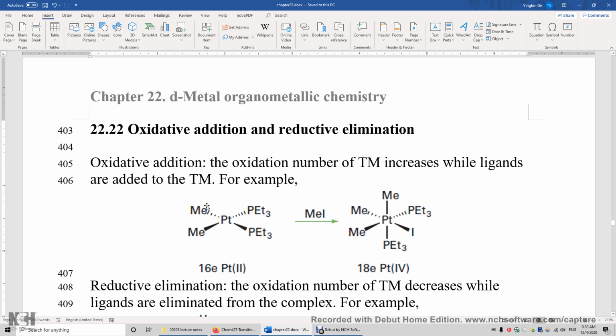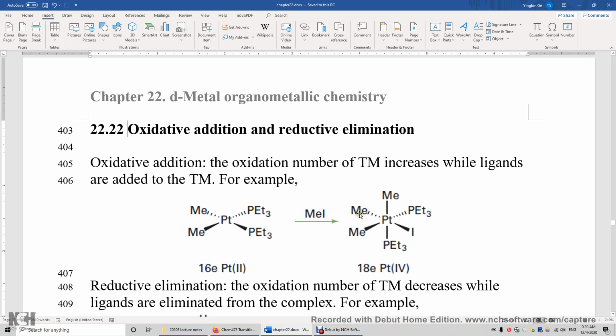That makes this methyl group negatively charged. We have CH3 minus here and CH3 minus here. Therefore, we have a -1 charge on each of these 2 methyl ligands. Therefore, this Pt must have an oxidation number of +2.